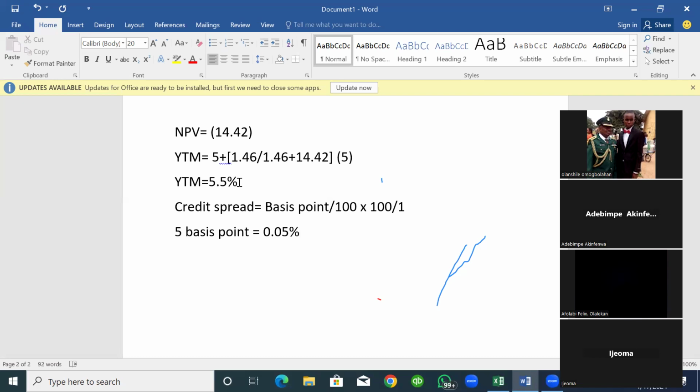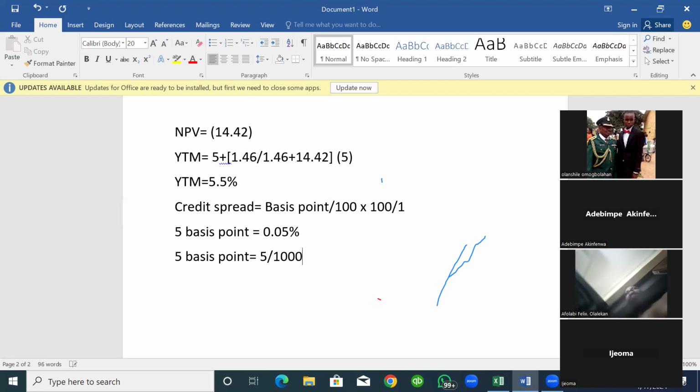Why am I dividing by 100 twice when I can just say 5 basis points equals 5 divided by 10,000?